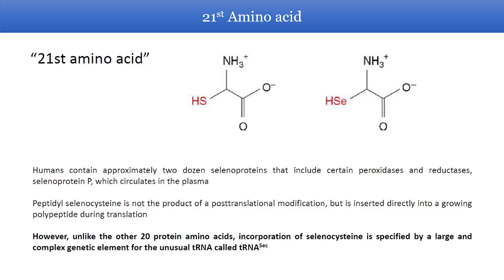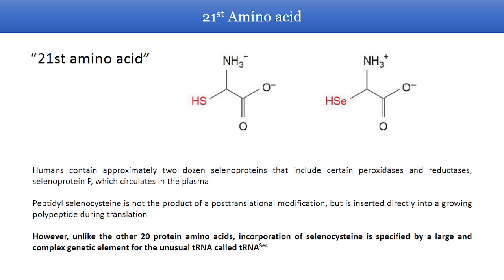so here we will speak about the 21st amino acid. Humans contain approximately two dozen selenoproteins that include certain peroxidases and reductases, like selenoprotein P, which circulates in the plasma.